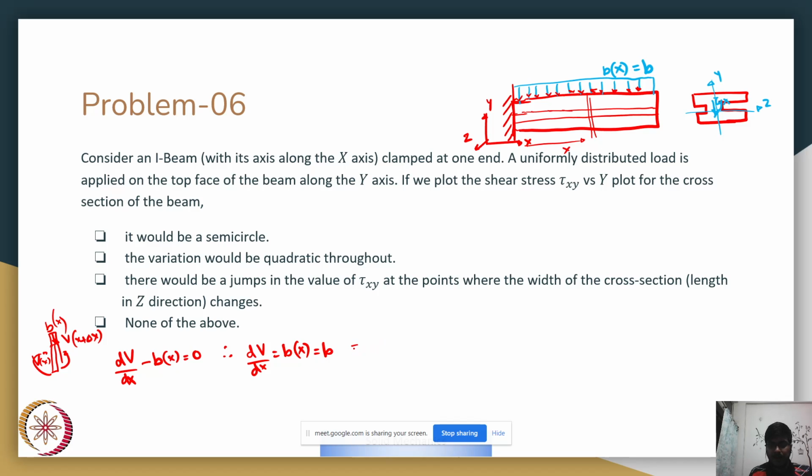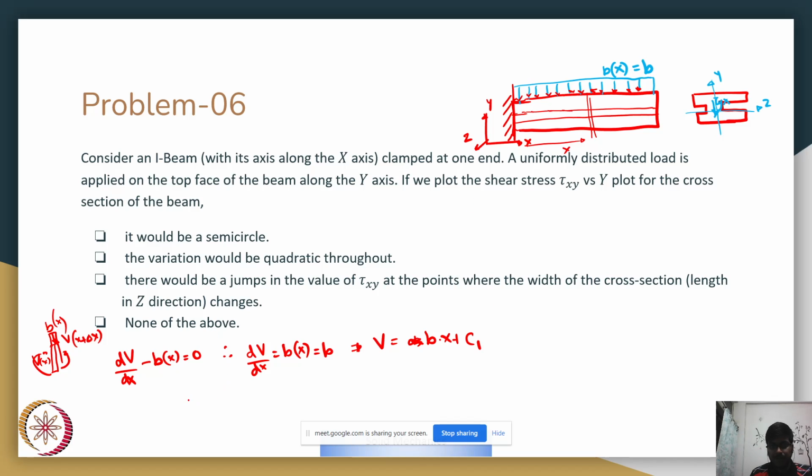And from this I can figure out my v to be something of the form bx plus some constant c1, right? This constant c1 we can find by looking at either the left or the right face. The rightmost face is traction free, and therefore your shear should vanish there. You can just plug into that to figure out c1.